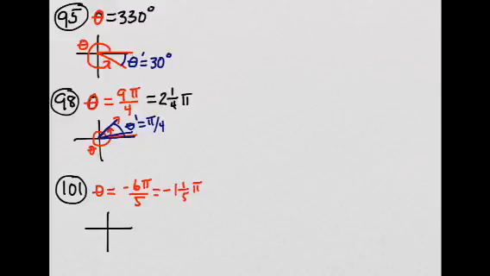So then I'm going to draw my 0, and then 1 1/5 pi would be somewhere around here, because this is pi, negative pi, and then a fifth more. So right here. So this is theta, and the reference angle is the one formed by the terminal side and the x-axis. So this would be theta prime, and this would be pi over 5.